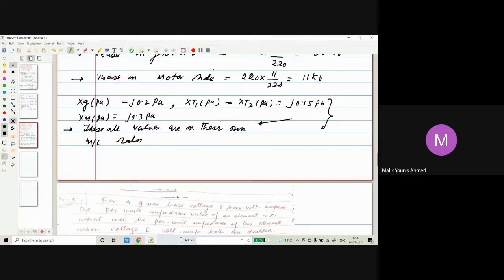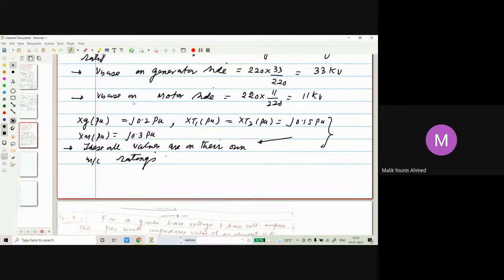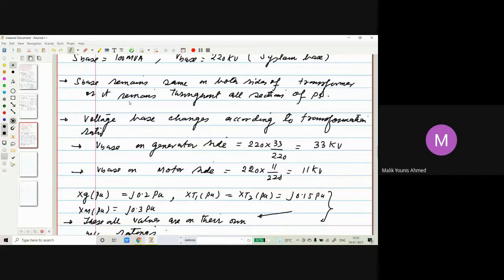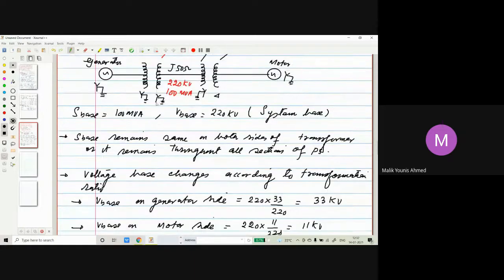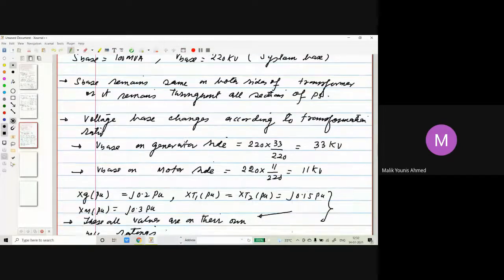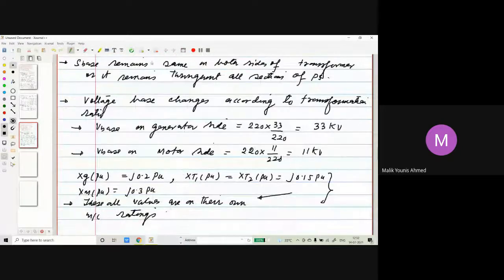So whatever the ratings of the machine, that is on their own base values. Now we have to find the new reactances on the base values given to us, that is, complex power base or apparent power base is 100 MVA and voltage base is 220 kV. Now let's do it.